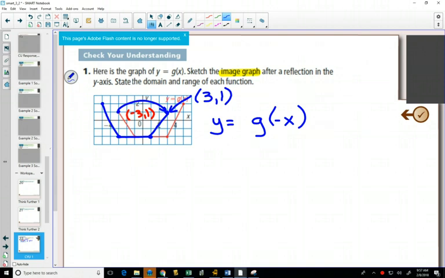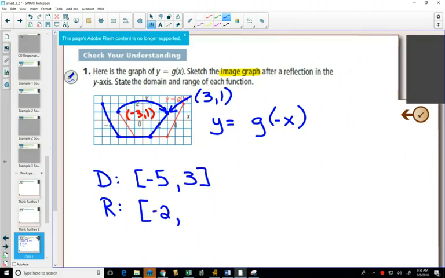State the domain and range of each function. I'm going to use interval notation today. So with our blue graph, what's our smallest x value? -5. What's our largest x value? 3. For our range, what's our smallest y value? -2. What's our largest y value? +2.